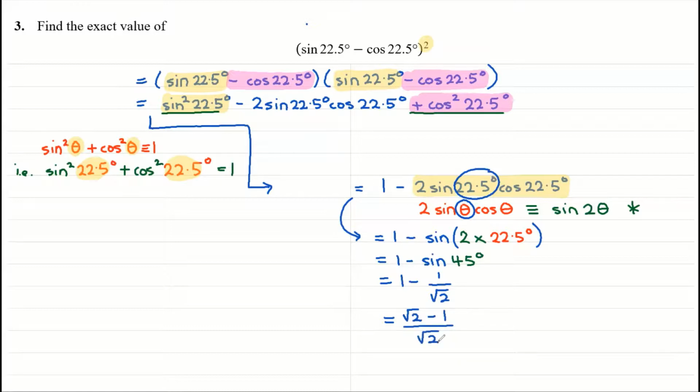And you might even want to rationalize that. So if you want to rationalize it, which is a good idea, multiply the numerator and the denominator by the same surd, which is root 2, of course. And this is going to give you 2, multiplying the 2 surds together, subtract root 2 all over 2.